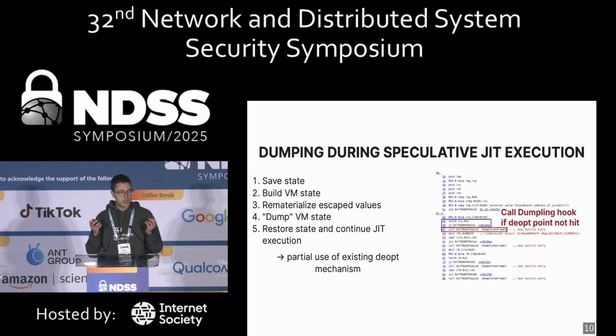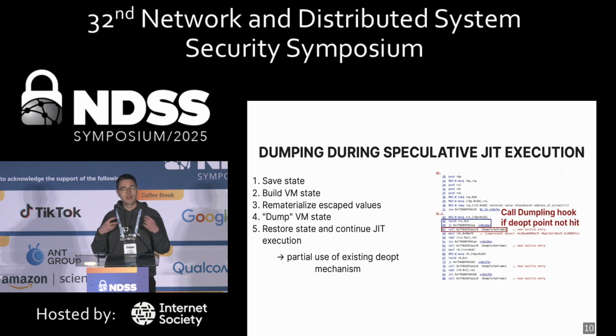So how do we use these de-optimization points? After each de-optimization point, we just add one more assembly instruction, which is a call to our Dumpling hook, which saves the machine state, the registers and so on, and then does what de-optimization would have done, meaning restoring the VM state, rematerializing escaped values and such.